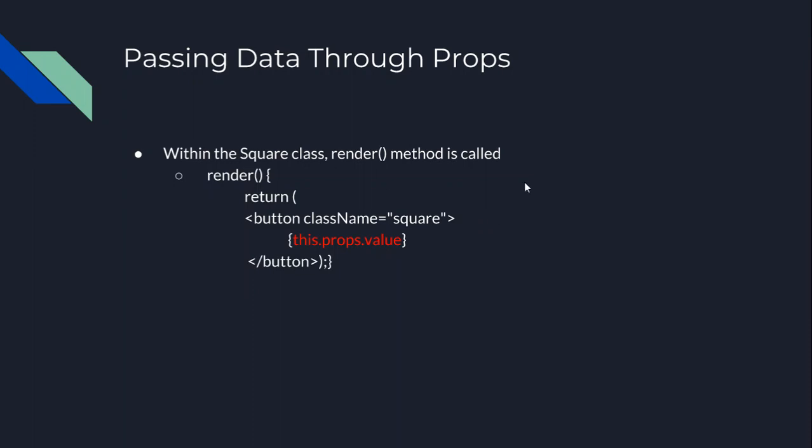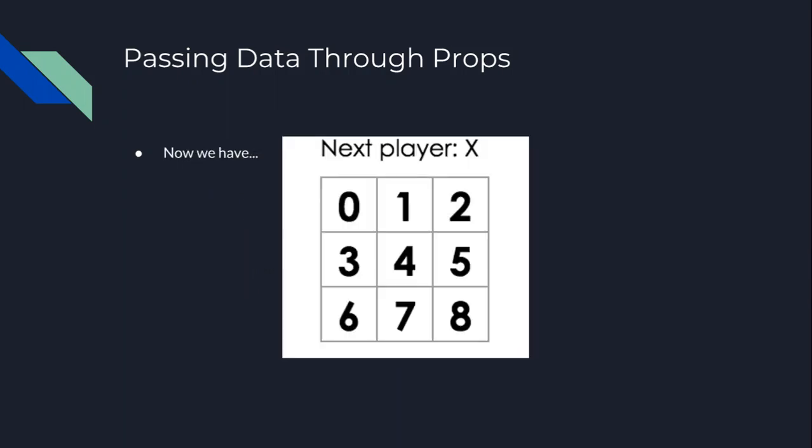Within the square component, the render method is used, and here we have each square be called in the class name, and then we take in this prop value, which will call the previous method and put in each number. So now finally we have this.